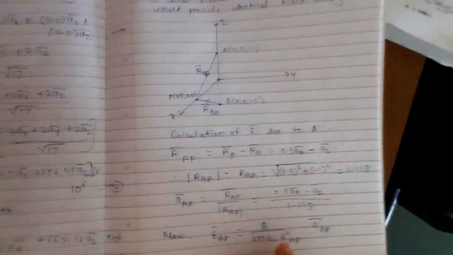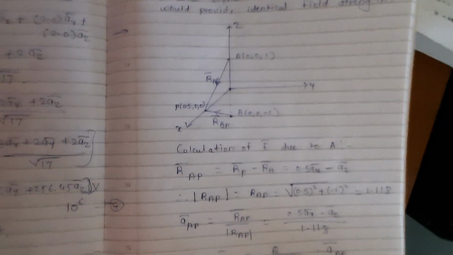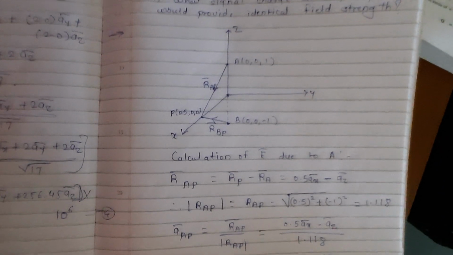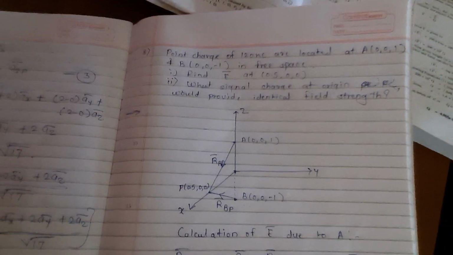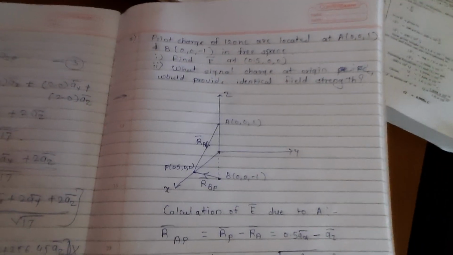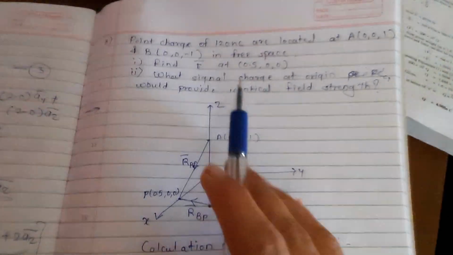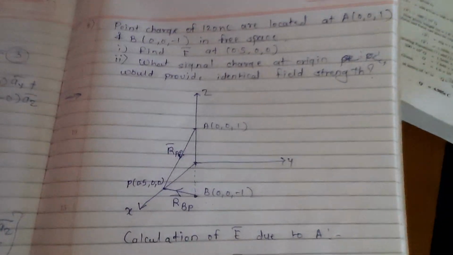So what is Q? Q at point A is 120 nanocoulomb.